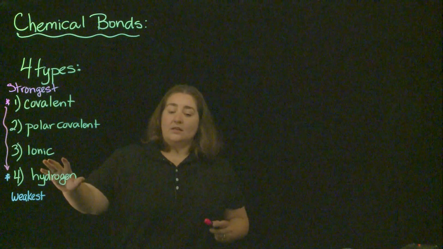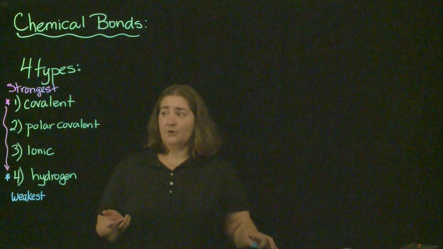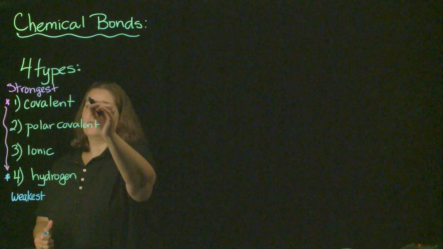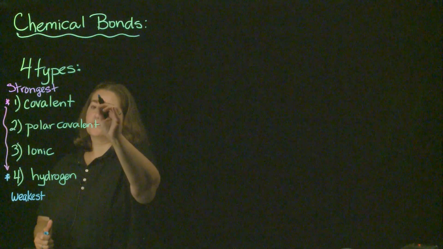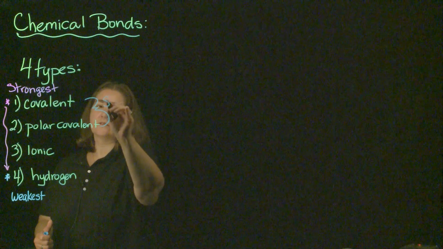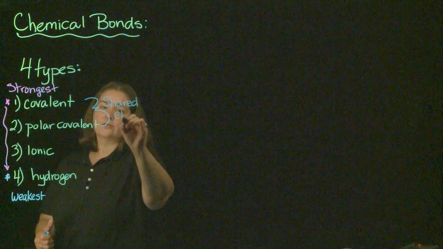Okay? Now in terms of our different types of bonds, the polar covalent and the covalent bonds are going to be shared electrons.